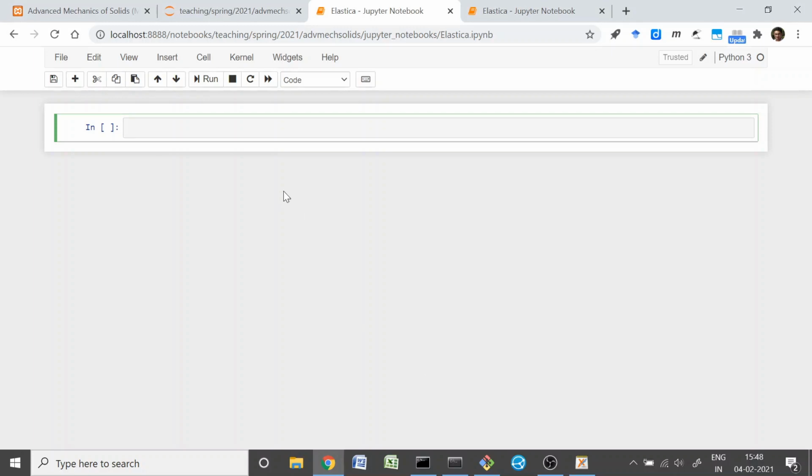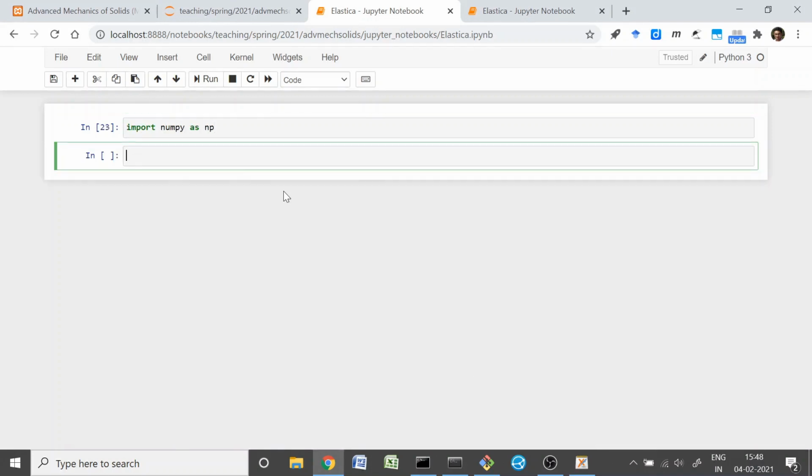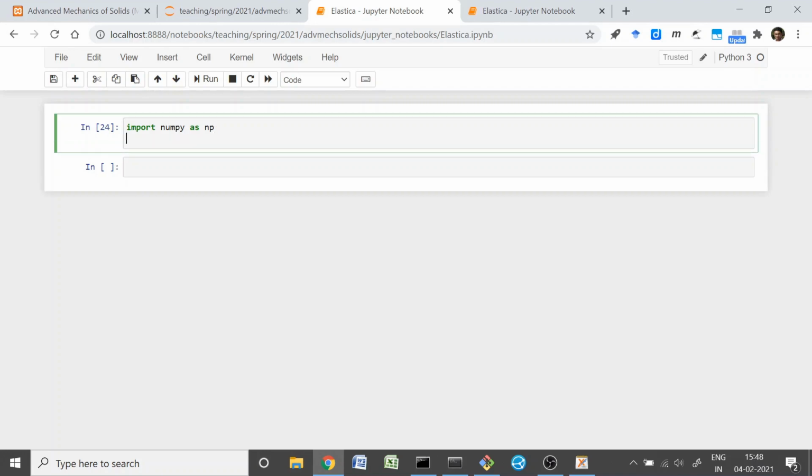Okay, so the first thing that we are going to do is import NumPy. I'll also import from the scientific Python package. So this SciPy, S-C-I-P-Y, stands for scientific Python, and within it there is this special package which contains these pre-built functions.